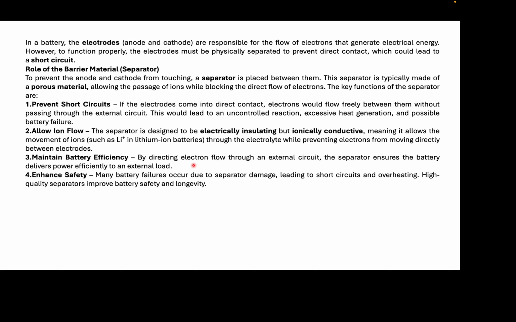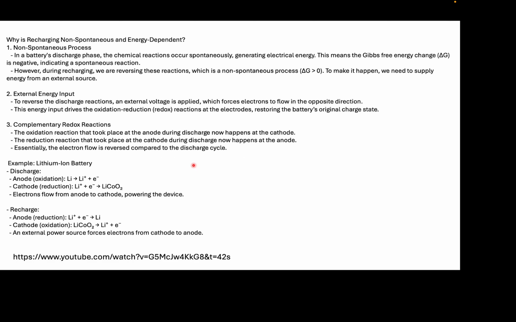And the system in which we are making the observation will overheat and at the end it will lead to a short circuit. So to make sure that this doesn't happen, we have a separator material or a barrier material between the two electrodes.